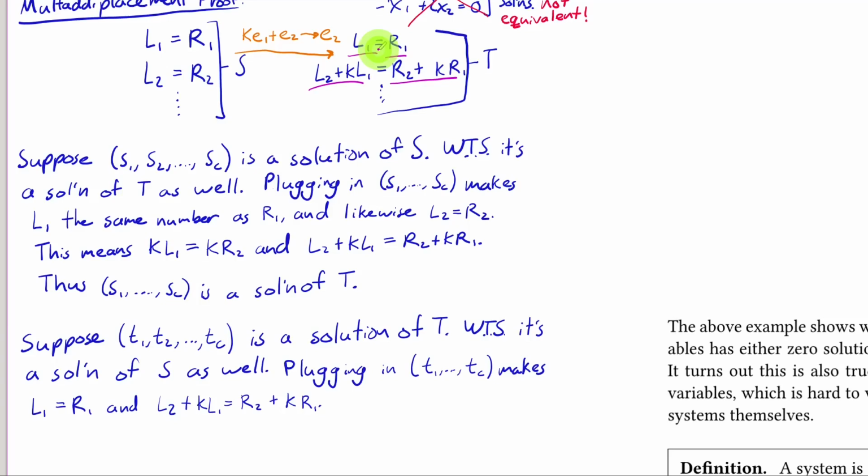So that means the number L1 is going to equal the number R1, and the number L2 plus K L1 is going to be equal to the number R2 plus K R1.